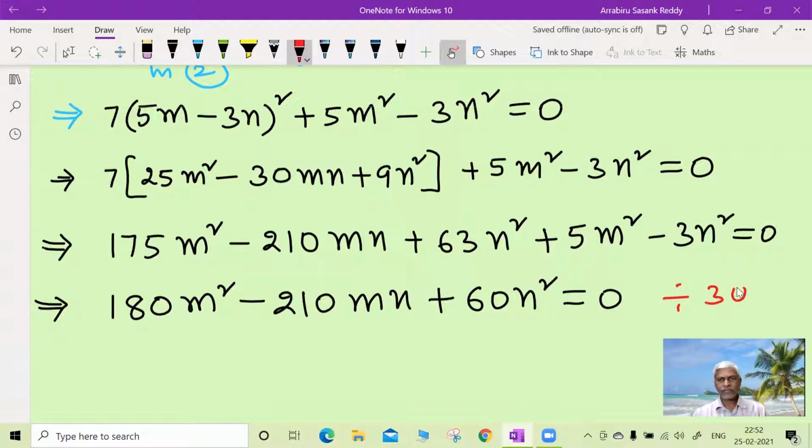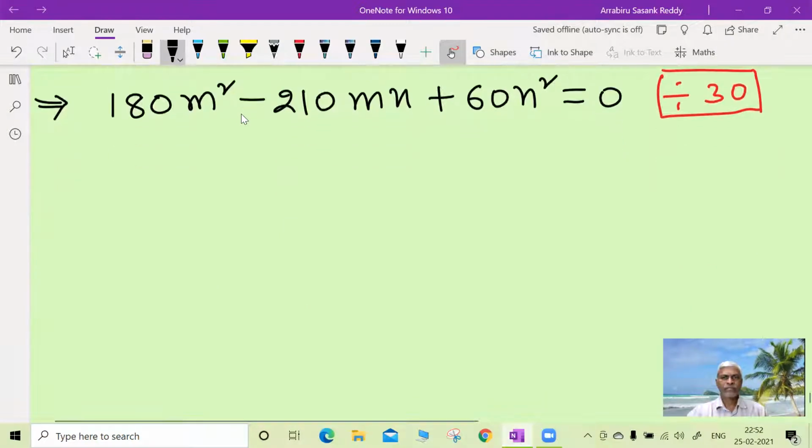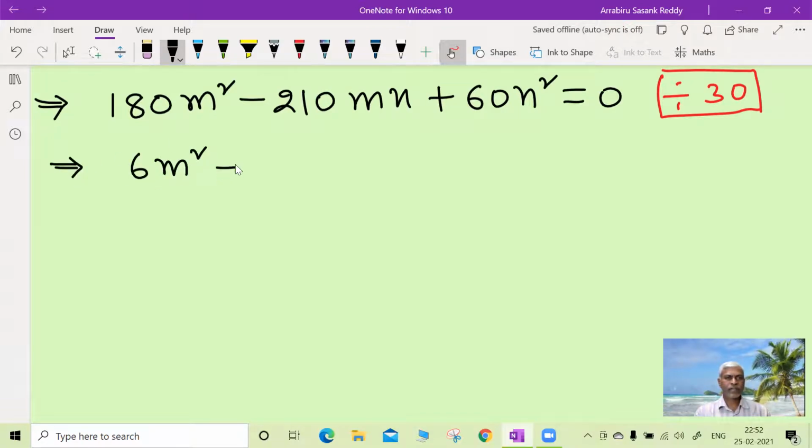Dividing by 30, this becomes 6m square minus 7mn plus 2n square.